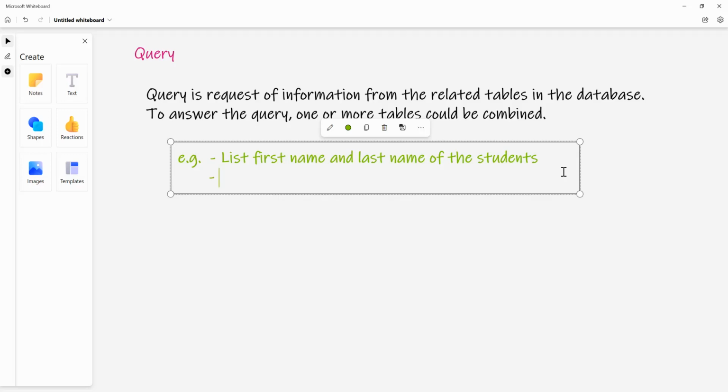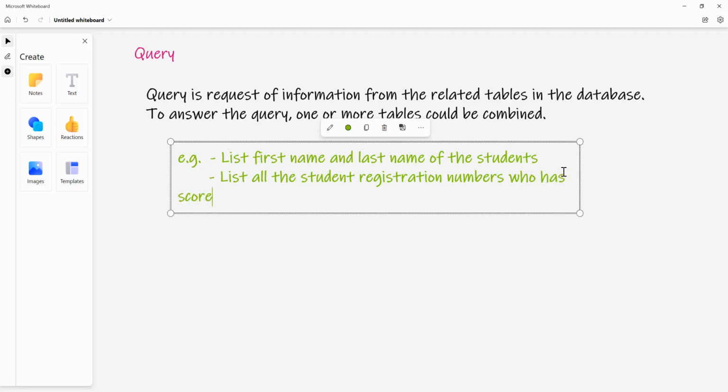Another one, list all the students' registration numbers who have scored more than 90, let's say for mathematics.